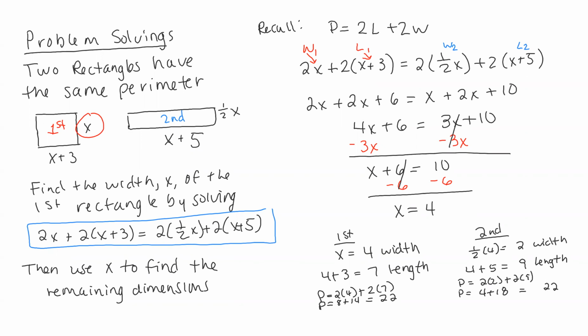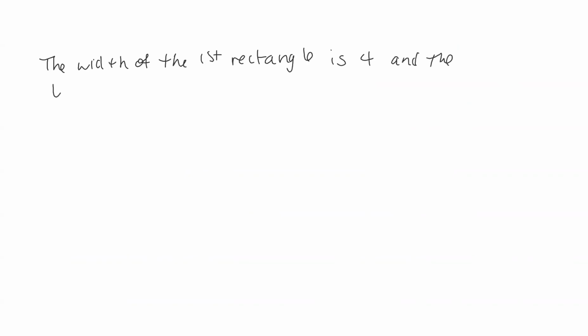So everything checks out. Now, one thing that I do want to remind you of is when you're dealing with any kind of a word problem, write your answer out. So we would say the width of the first rectangle is 4, and the length is 7.